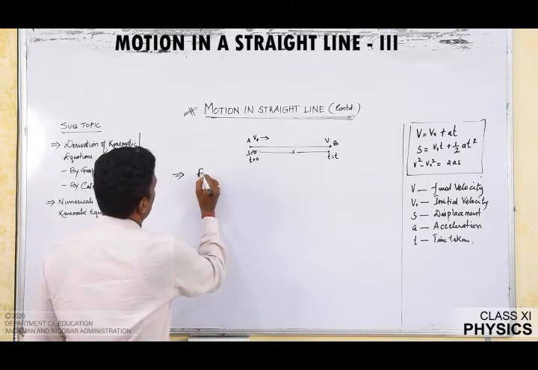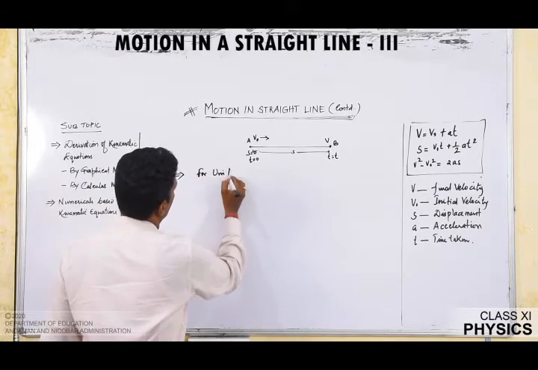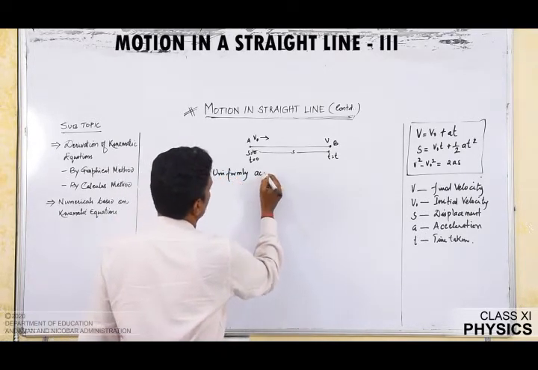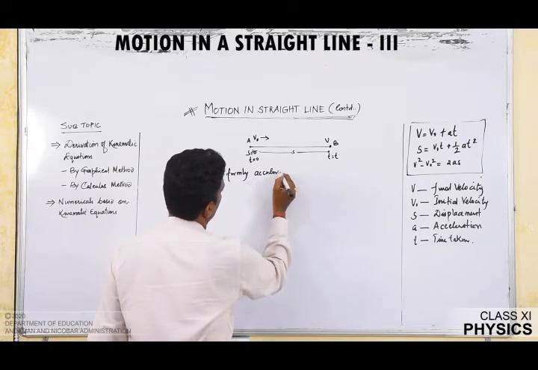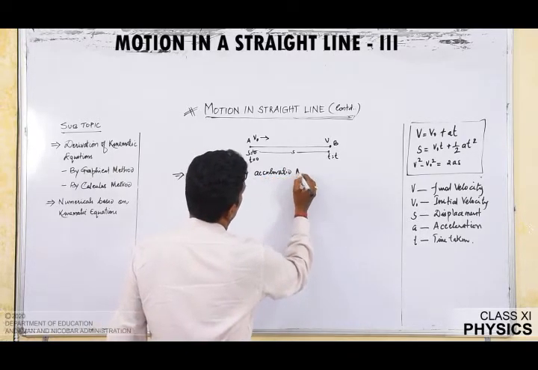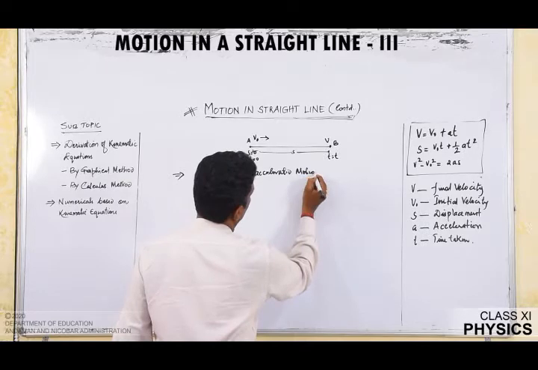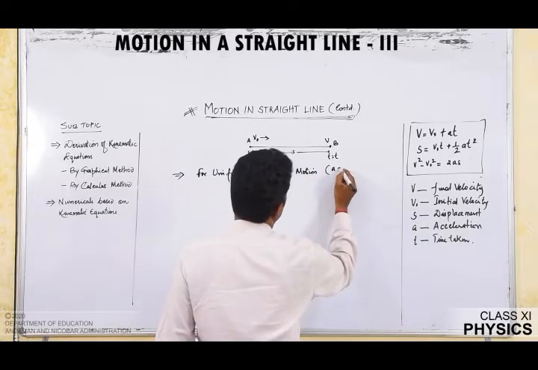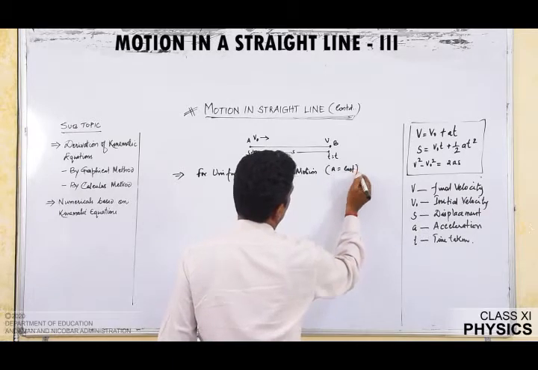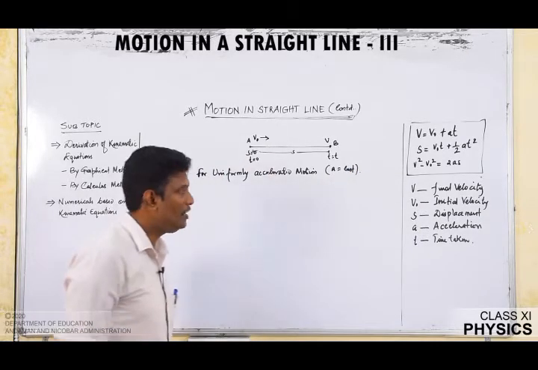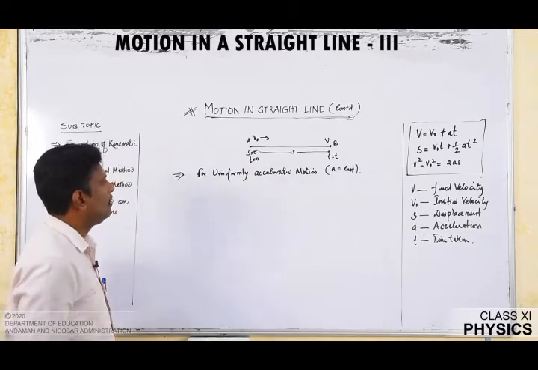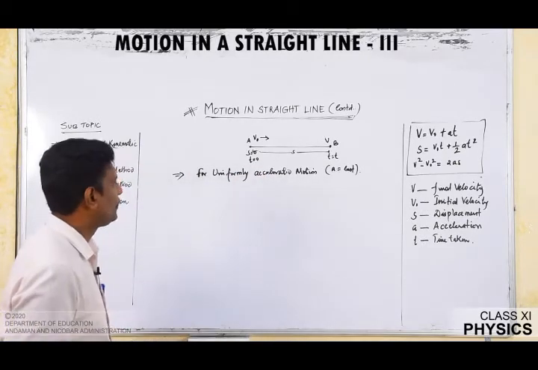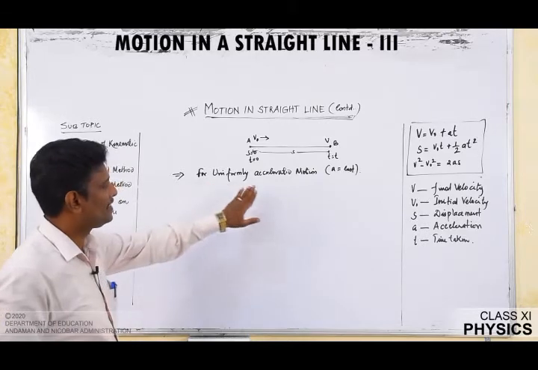So, for uniformly accelerated motion, that is A is equal to constant, that is A is constant. Now, for this we will consider uniformly accelerated motion.